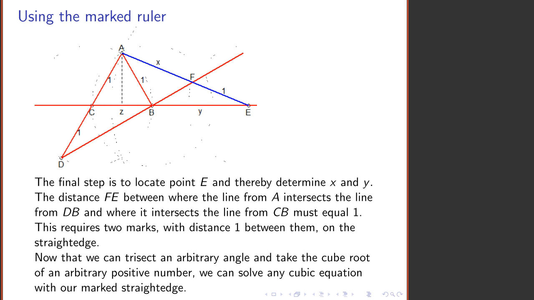One case leads to the angle trisection problem. The other case leads to the cube root problem. It depends on whether the quadratic equation has 3 real roots or has 1 real root and a pair of complex roots. So we now have a set of constructions that will let us solve any cubic equation. And the only cheat is 2 marks on the straightedge.